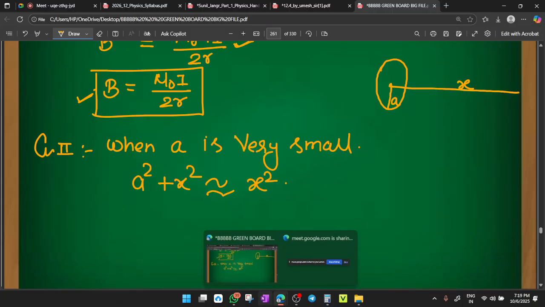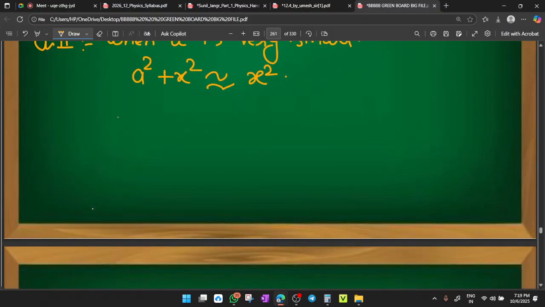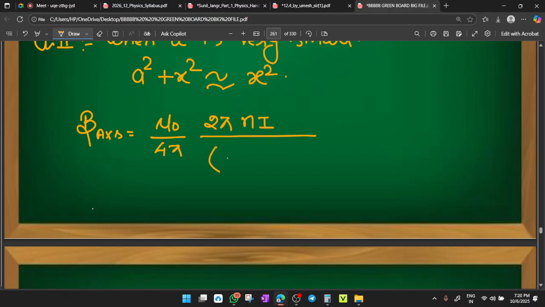So coming to the value of the derivation, B on the axis equals mu naught upon 4 pi, 2 pi n I a square. Now eliminate the a square in the denominator, and x square plus a square becomes only x square whole to the power 3 by 2, right?